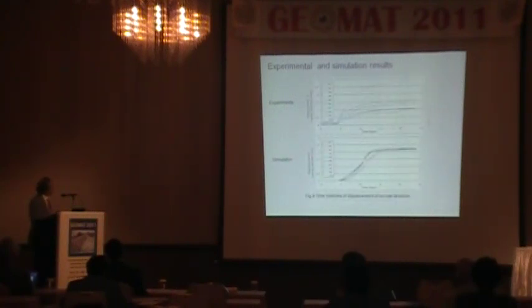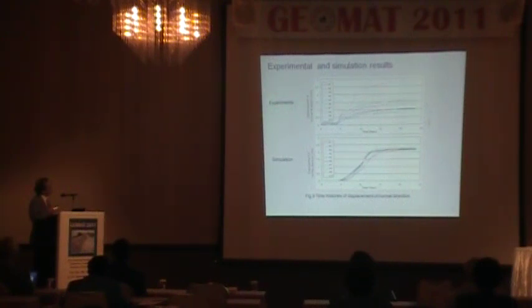And also we measured the displacement, but this is a displacement in the normal direction, normal to the surface. The onset time is almost the same, and of course the magnitude is different.